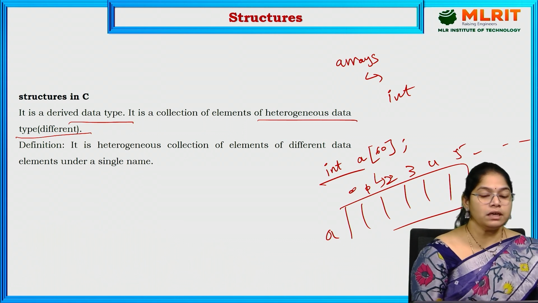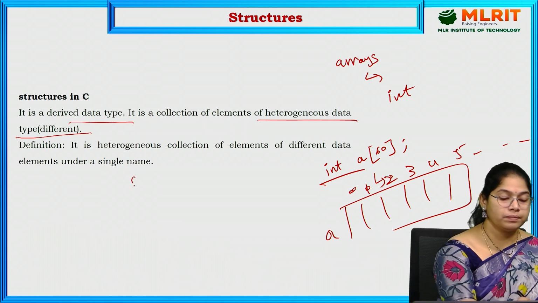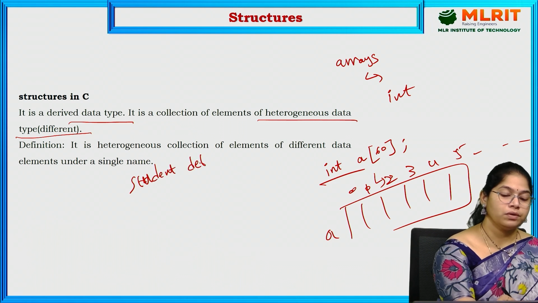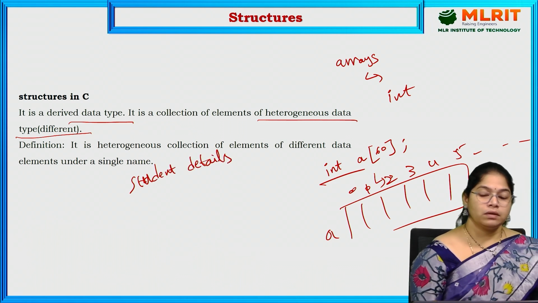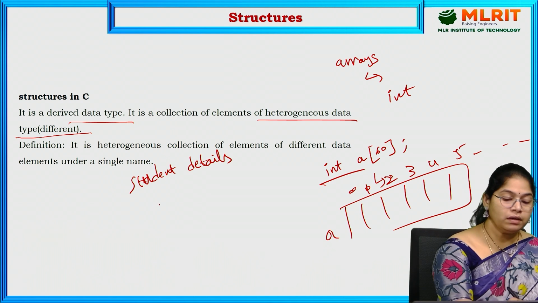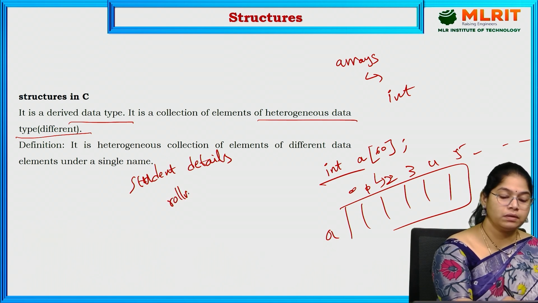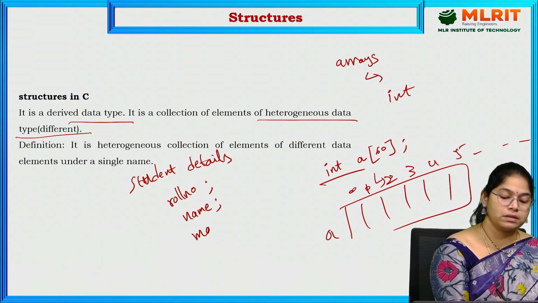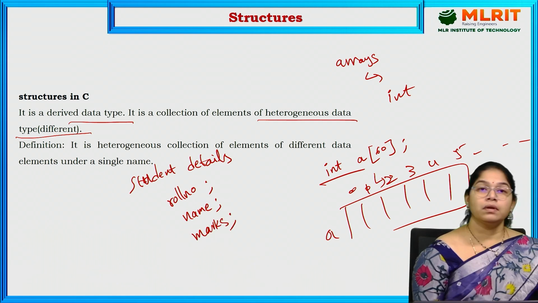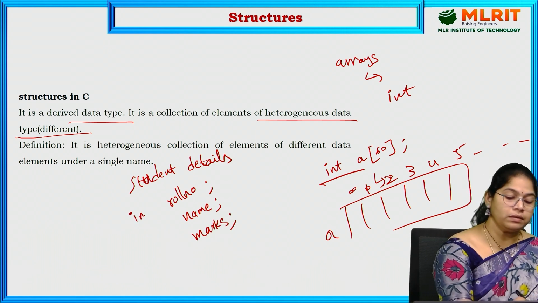Let us consider the details of a student. A student has a roll number, name, and marks. Roll number is of type integer.